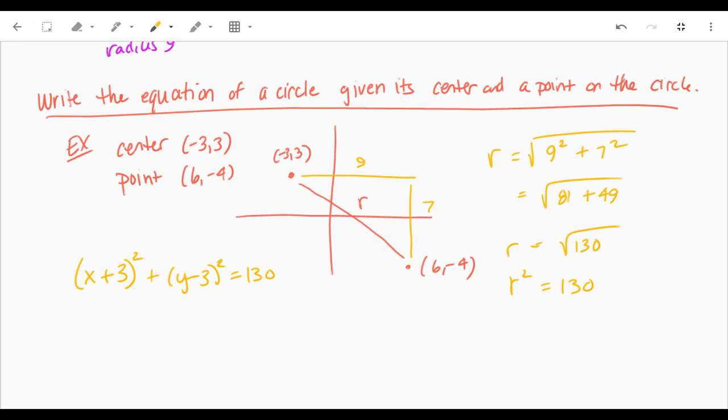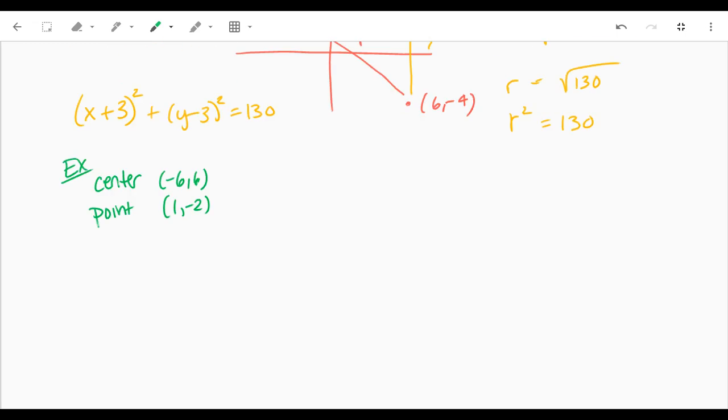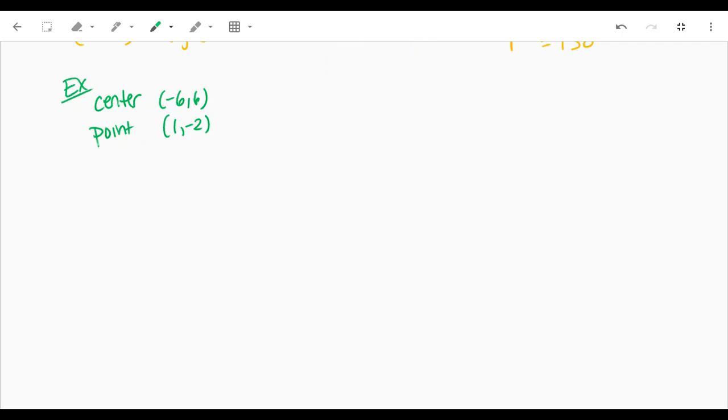And we'll do one more on that. We have the center at -6, 6, and it goes through the point 1, -2. Again, just a quick little sketch: -6, 6, and then 1, -2.